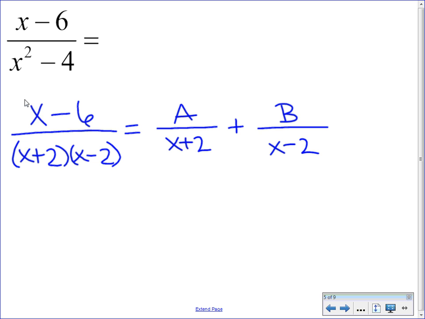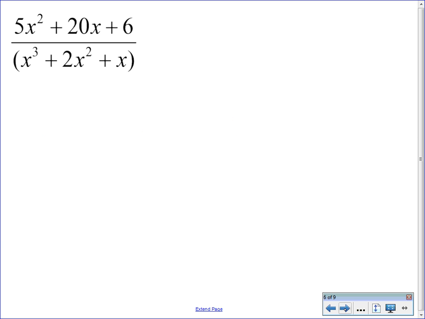Okay, let's step it up a notch. Okay, we need to factor the denominator. Don't factor the numerator.